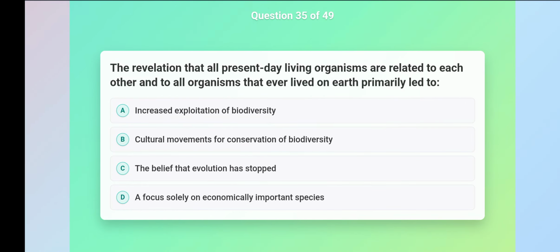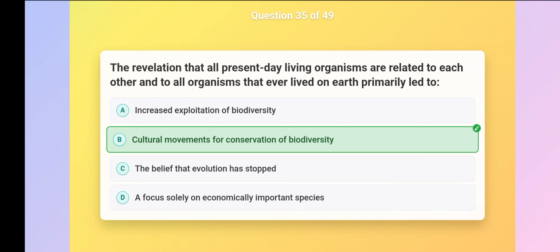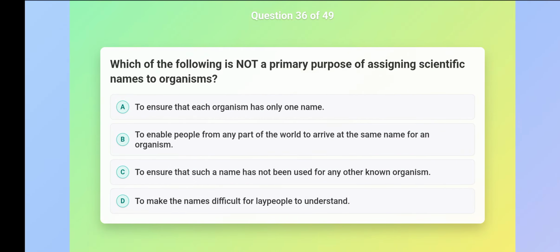The revelation that all present-day living organisms are related to each other, and to all organisms that ever lived on Earth primarily led to cultural movements, the conservation of biodiversity. Which of the following is not a primary purpose of assigning scientific names to organisms? To make the names difficult for laypeople to understand.